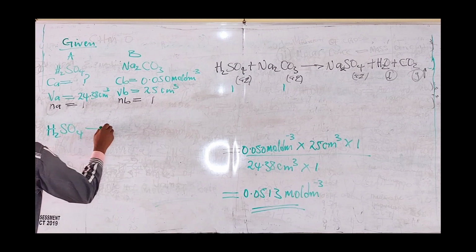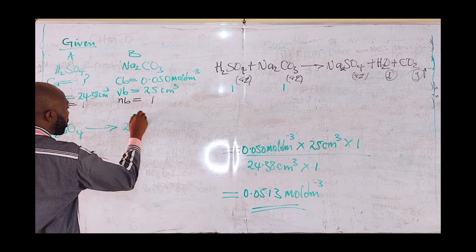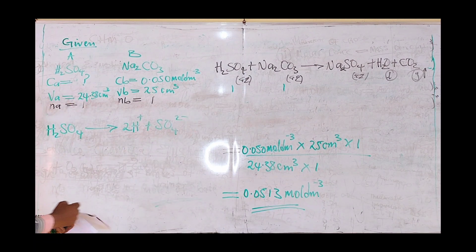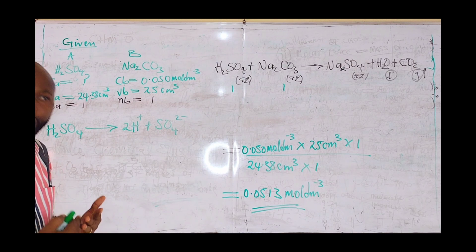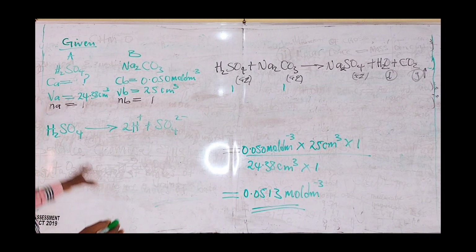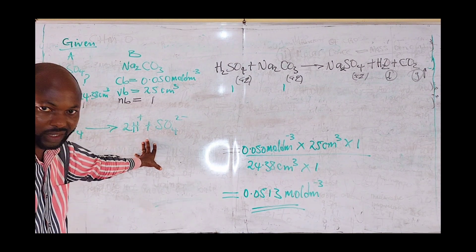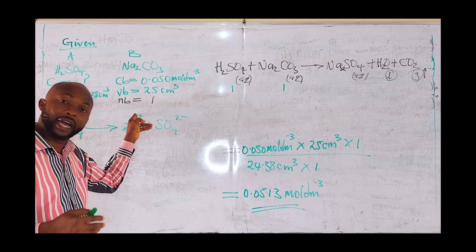H2SO4 will dissociate or ionize to give us 2 H plus and SO4 2 minus. That's what you get. Because they are now referring to ions, you can only get ions when H2SO4 has undergone dissociation or ionization to give you its ions. So this is the ionization equation of H2SO4. Now remember, this is where we are looking at the hydrogen ion.